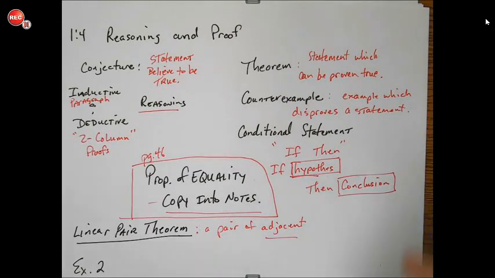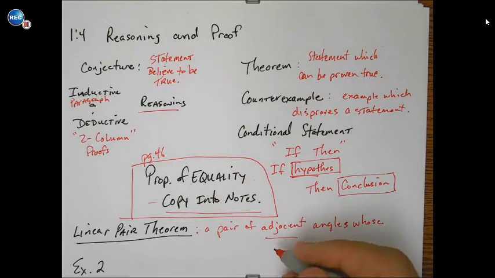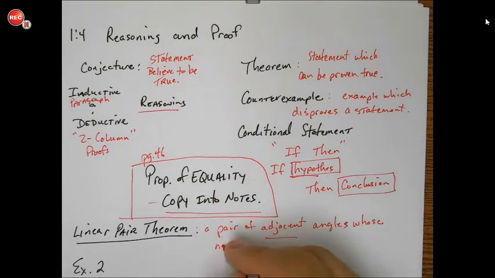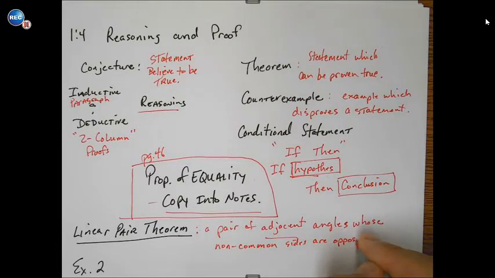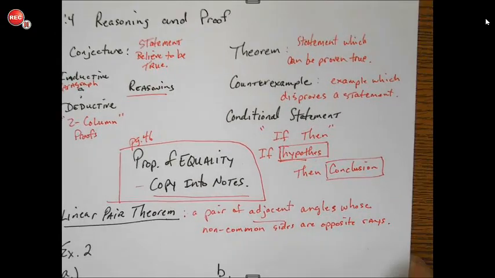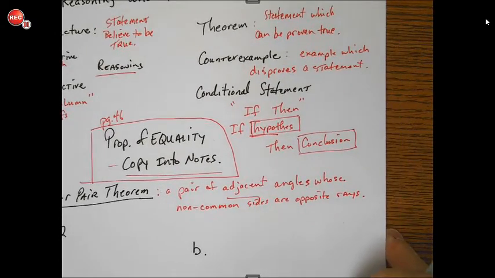Adjacent angles whose non-common, meaning the ray that they don't have in common, whose non-common sides are opposite rays. A pair of adjacent angles whose non-common sides are opposite rays.